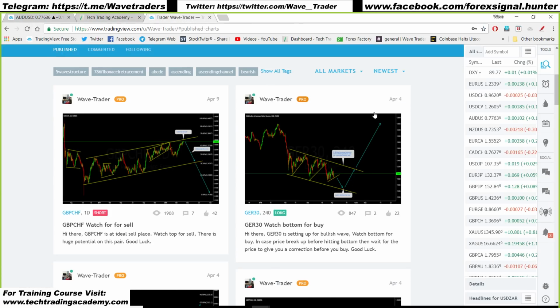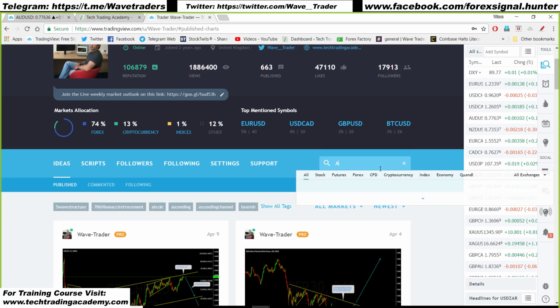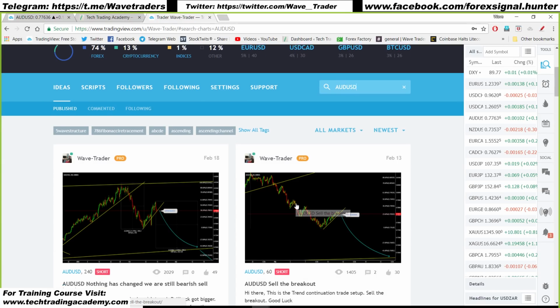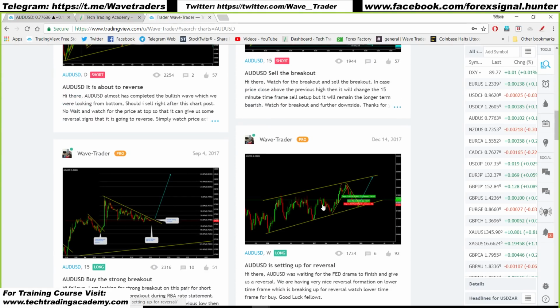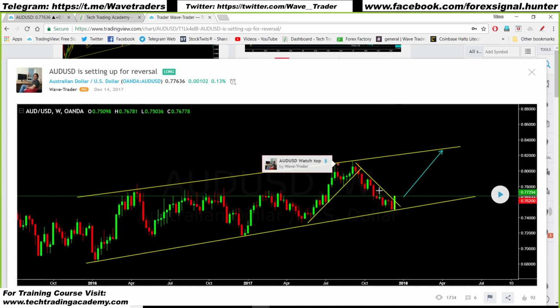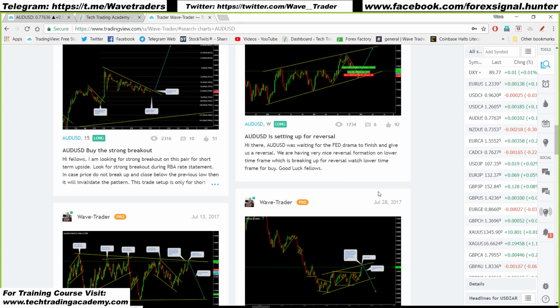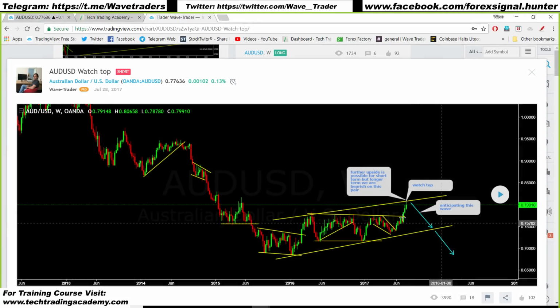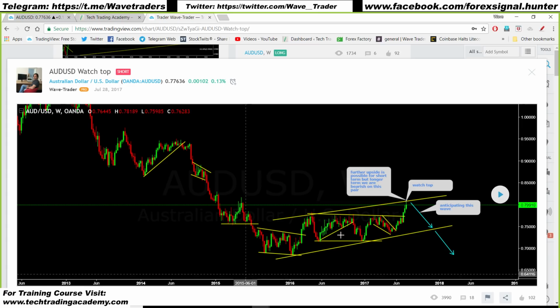So I think here, the first wave, let me go back to the previous chart. In this area we were looking for a reversal, when this weekly pattern was developing over there.